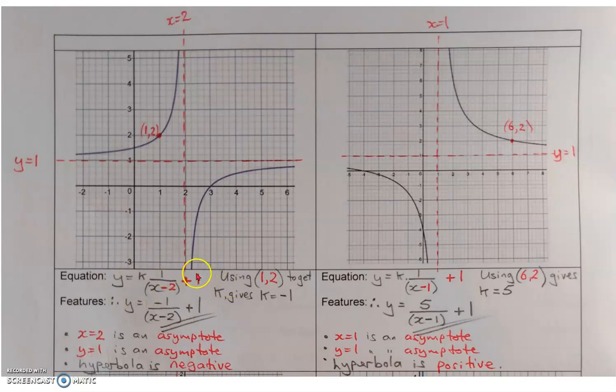So you choose a point on the curve that is easy to use. Now I used this one there, 1, 2. And if you put 1 for x and 2 for y into this equation and solve it, you will get k equals minus 1.